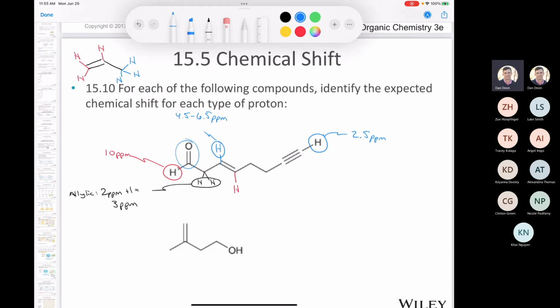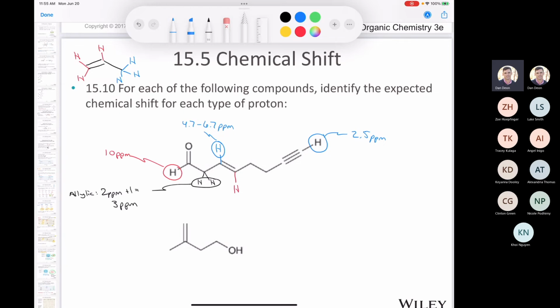So you would add 1/5 of 1 part per million. So that's 0.2. And so instead of saying 4.5 to 6.5, you could pencil in 4.7 to 6.7. I didn't look at the solutions manual. I'm not sure what it says. It might say 4.5 to 6.5. Why would that still be okay? Because it's such a big range, it's close enough anyway that you're going to have a very good idea of where the protons would absorb.